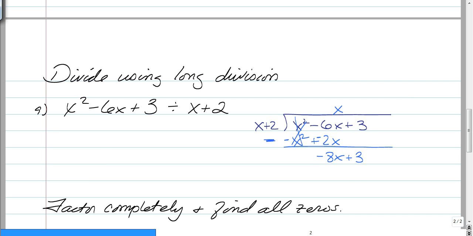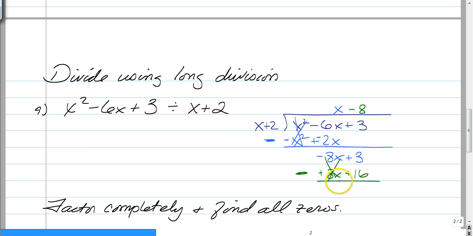So ask yourself again, x times what gives me a negative 8x? The answer to that is a negative 8. Now you're going to take the negative 8 and multiply it to both terms here. So negative 8 times x is a negative 8x, and negative 8 times 2 is a negative 16. Again, this is subtraction. So minus a negative changes that to a plus, changes that to a plus.